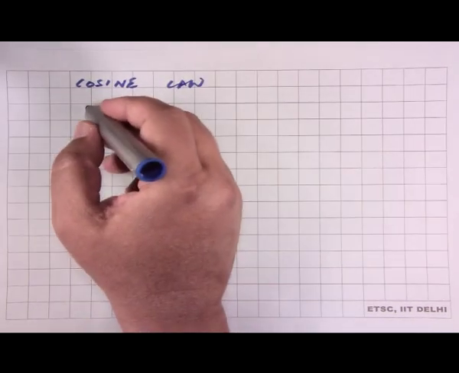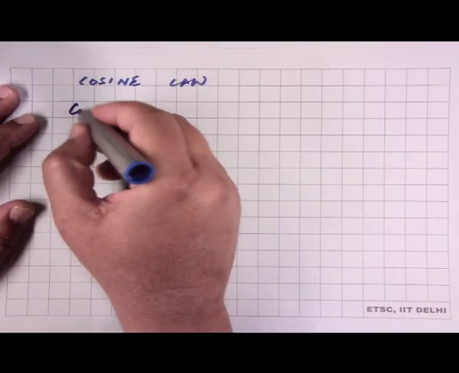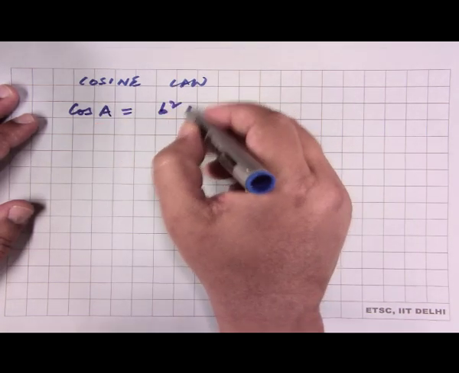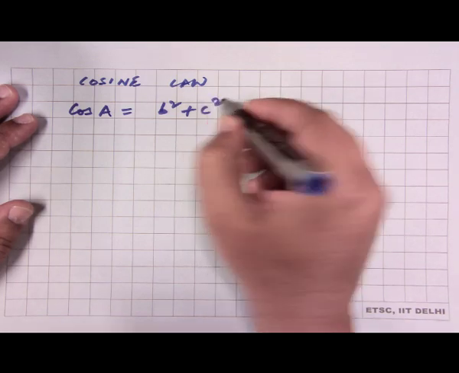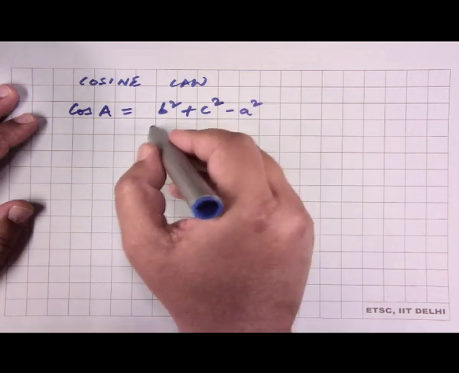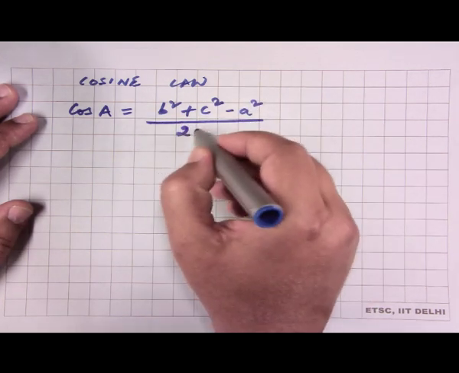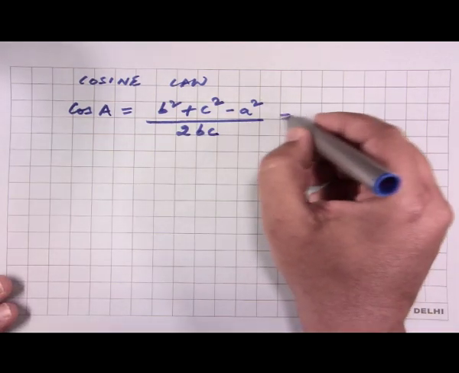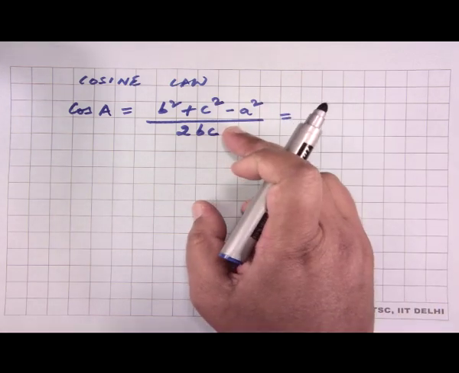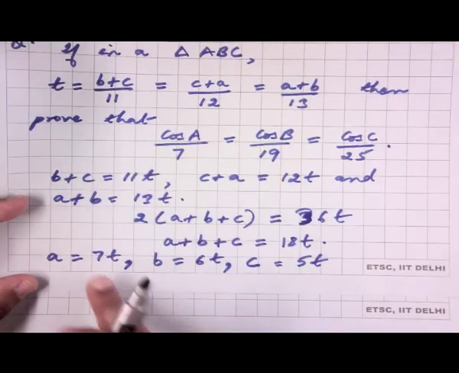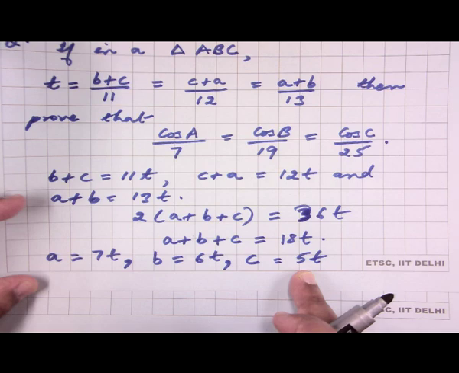Using the cosine law, cos of A is (B square plus C square minus A square) upon 2BC, and here I am going to then replace A, B and C by these values.